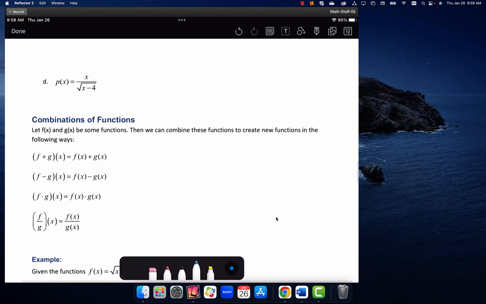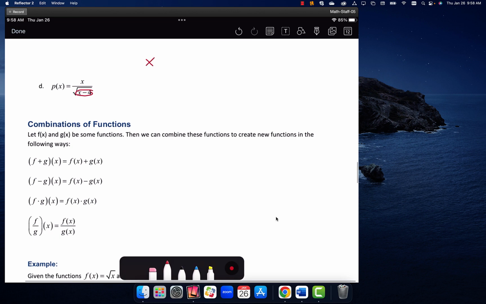In this example, we have two things happening. We have a radical, but we also have division by 0. So we'll start with the radical. Notice the radicand is x minus 4. So in the past, we set it greater than or equal to 0. Remember, when you have a radical, you're going to take what's under the radical, the radicand, and force it to be greater than or equal to 0.